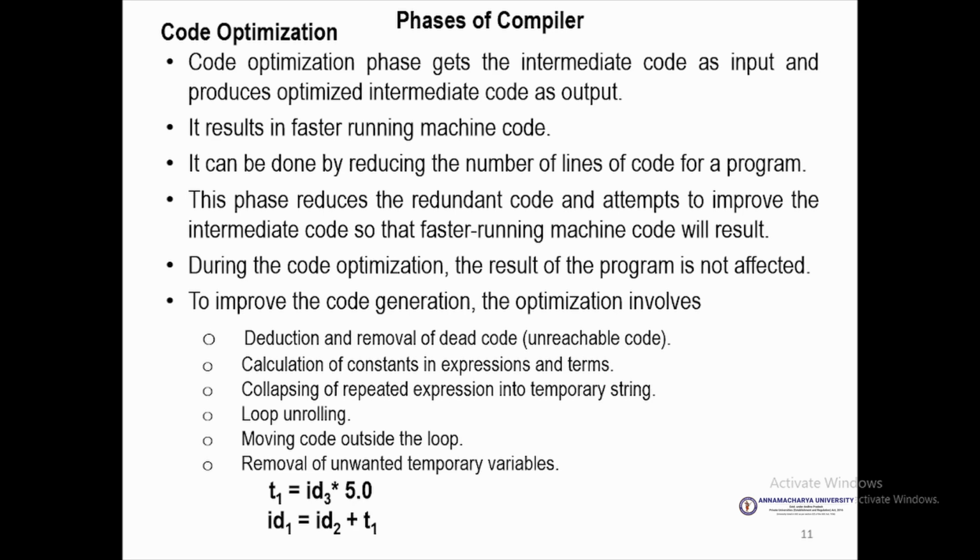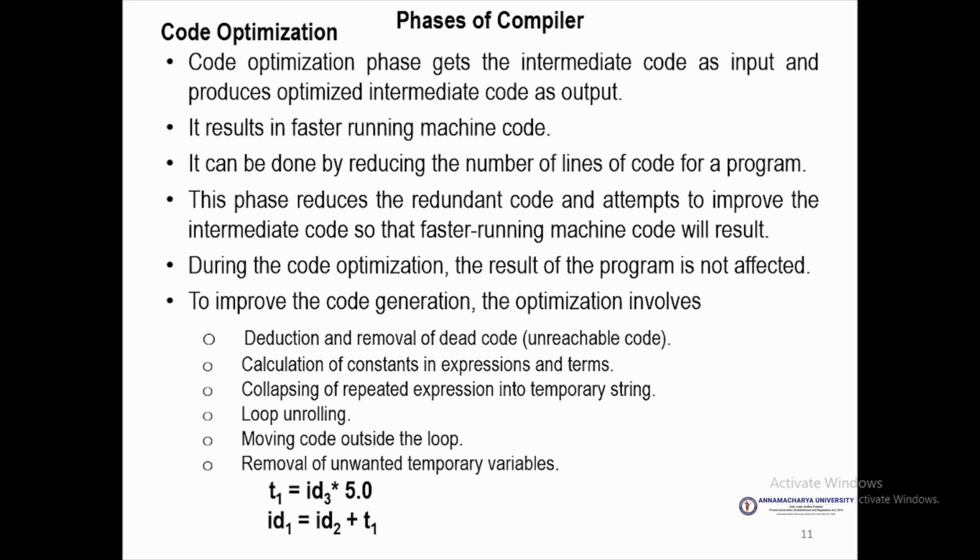Collapsing repeated expressions into temporary variables is another variety of optimization. Loop unrolling is another optimization. Moving code outside the loop is considered another optimization. Removal of unwanted temporary variables is also considered another variety of optimization.